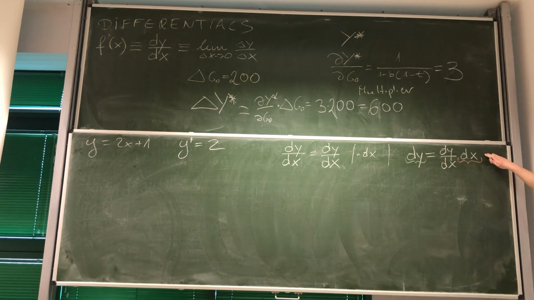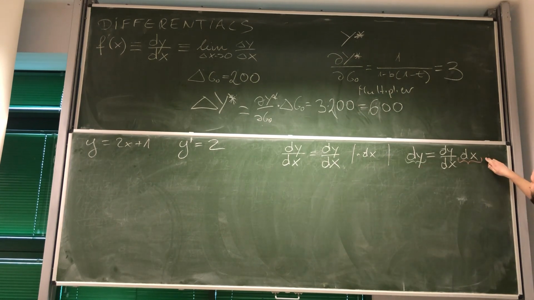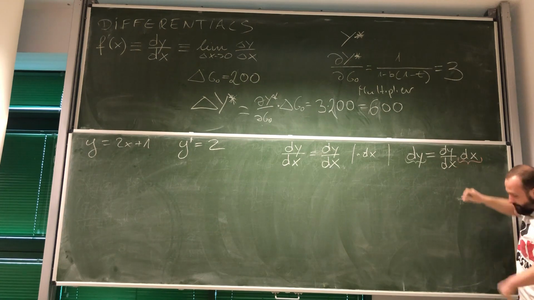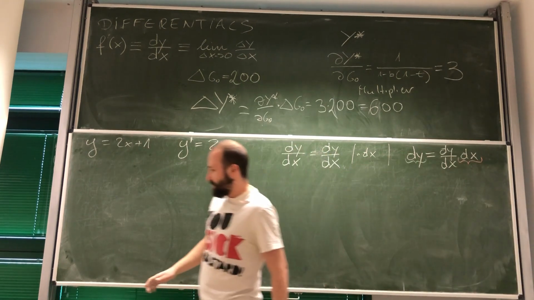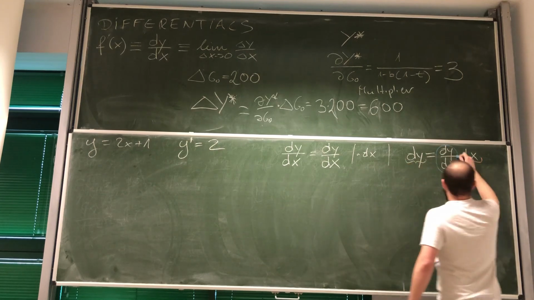If x increases by some very, very small amount, dy, if x increases by some very small amount, y changes by this small amount times the value of the derivative.